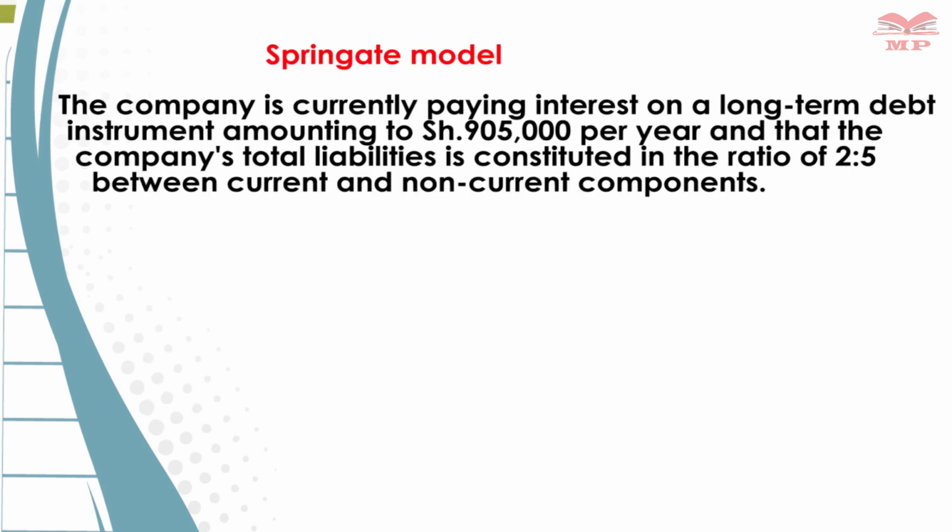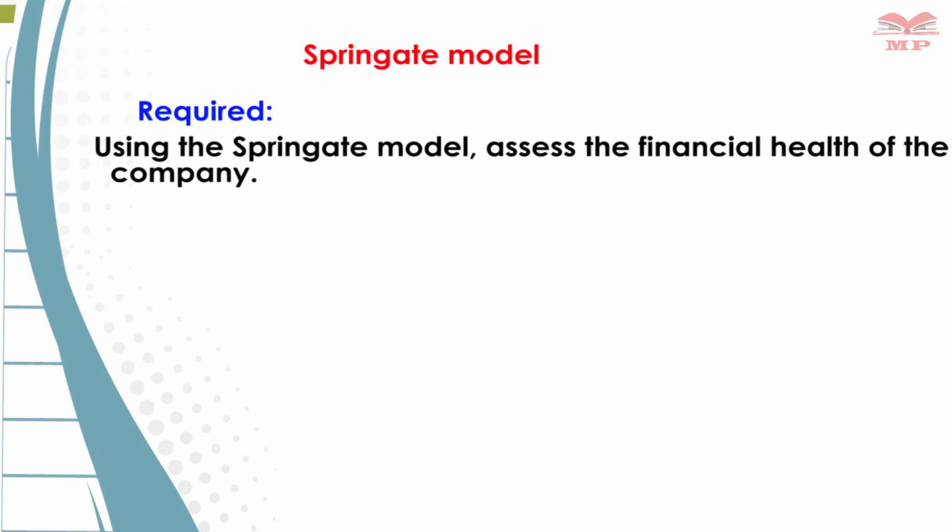The company is currently paying interest on long-term debt instruments amounting to 905,000 shillings per year, and the company's total liabilities is considered in the ratio of 2:5 between current and non-current components. Using the Springate model, assess the financial health of the company.